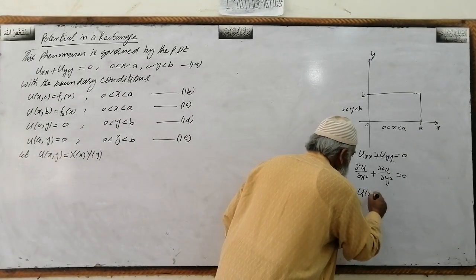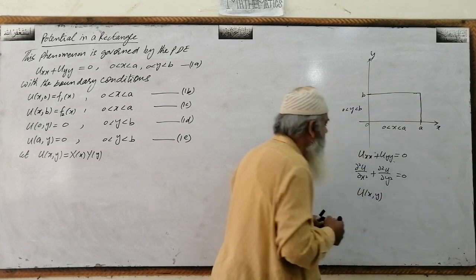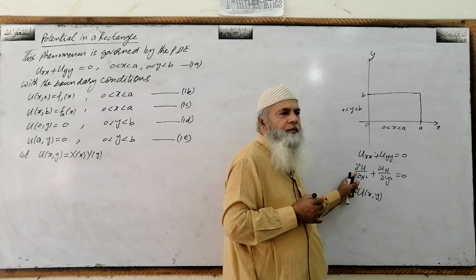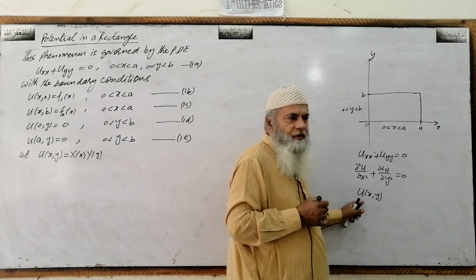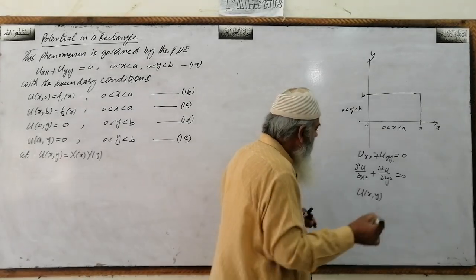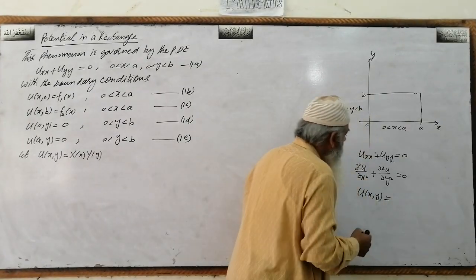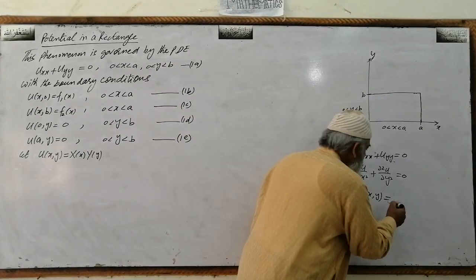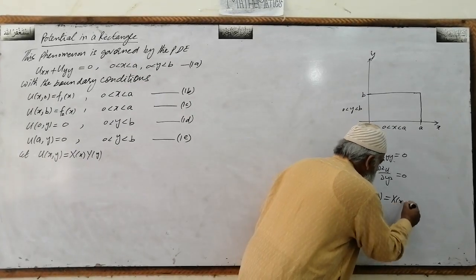Obviously, u, which is a function of x, y, the solution of this equation will be of the form u(x,y). Now, we have assumed that this solution, which is a function of x and y, is the product of two functions.